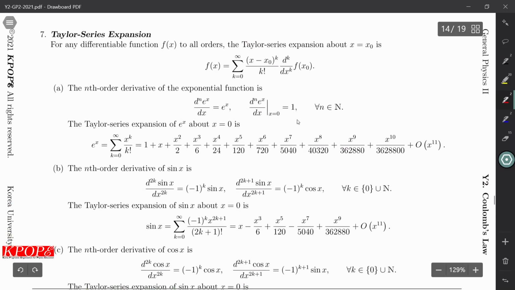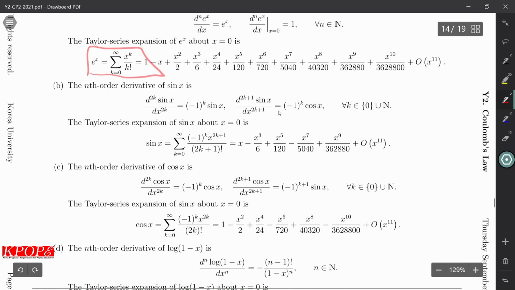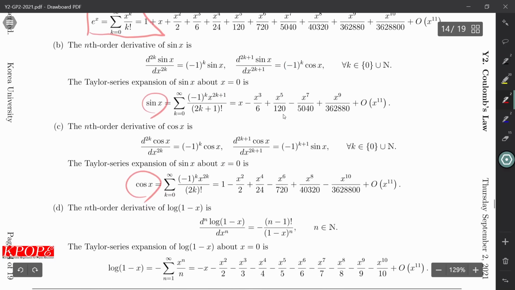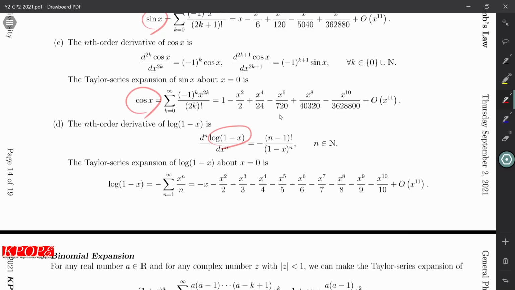And then you should be acquainted with the Taylor series expansion. I assume that you are very familiar with this expression: the Taylor series expansion of the exponential function, of the sine function and cosine function, and the log function. The Maclaurin series is a Taylor series expansion about x equals 0.